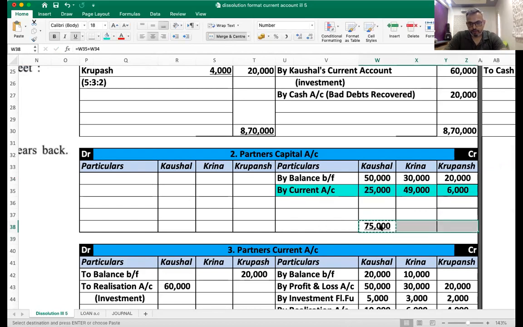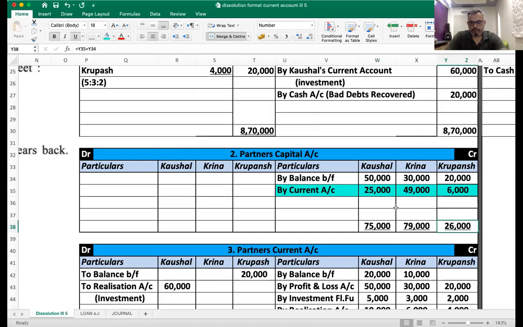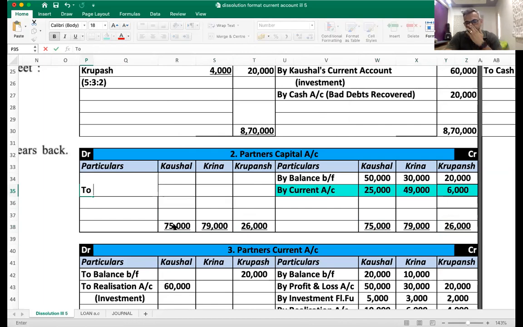Credit side is more for all the three. Balance it. This balance of capital account is the amount what we have to pay to the partners.